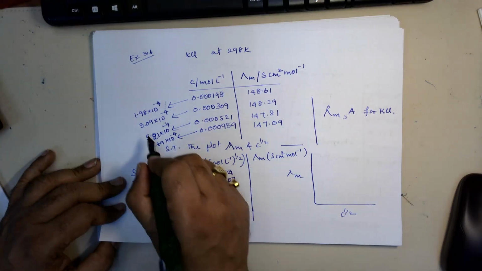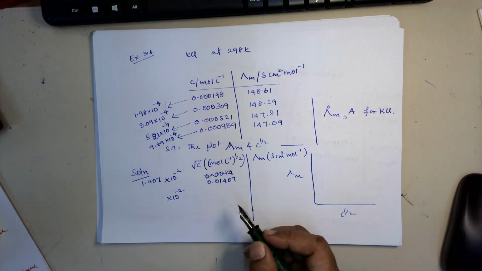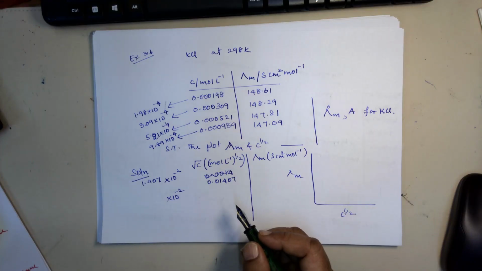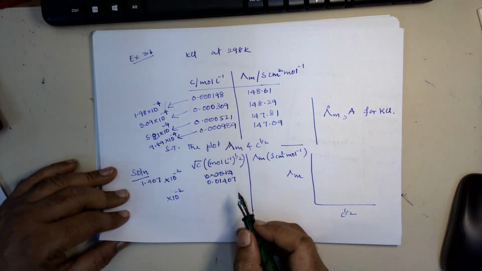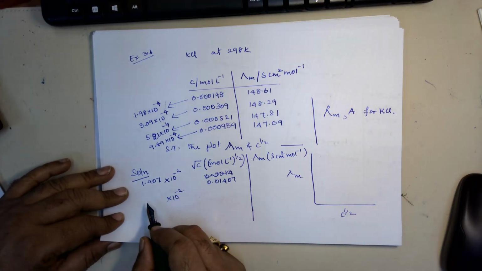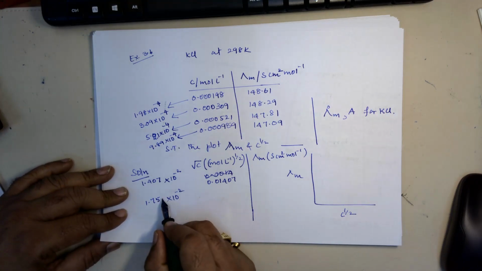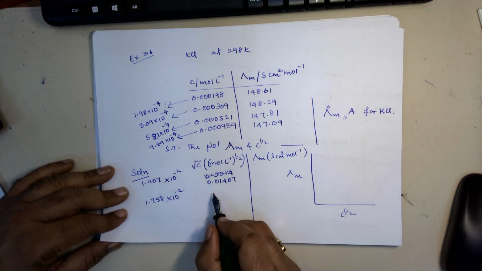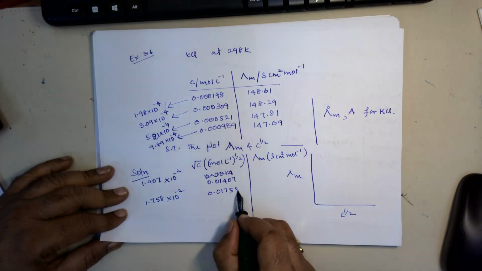Right. For 3.09, how much? 1.758 into 10 power minus 2. It means 0.01758.